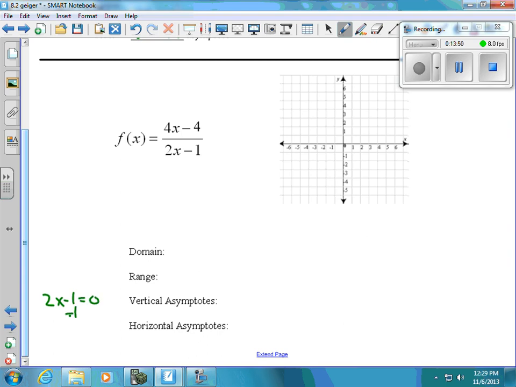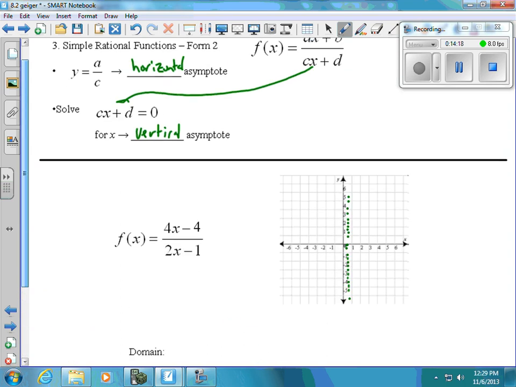I add 1, I divide by 2, and I get x equals 1/2. So at 1/2, I'm just going to estimate it. That's right between 0 and 1. Put a dotted line.